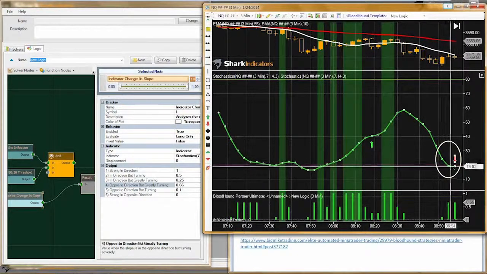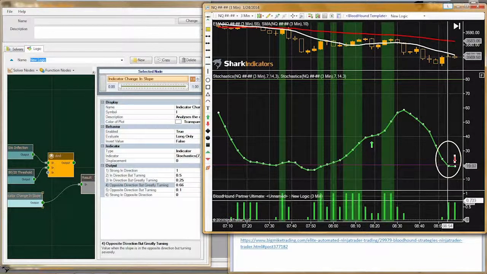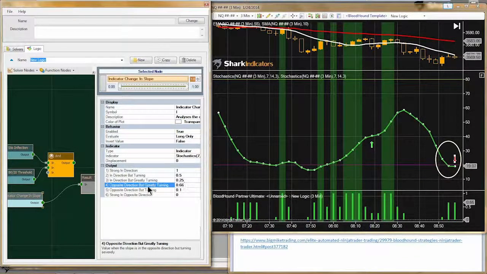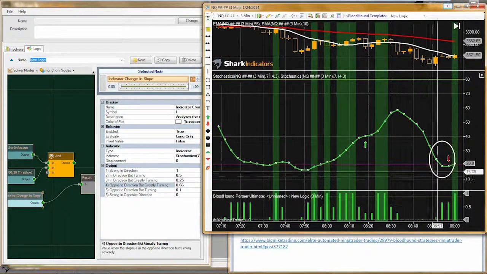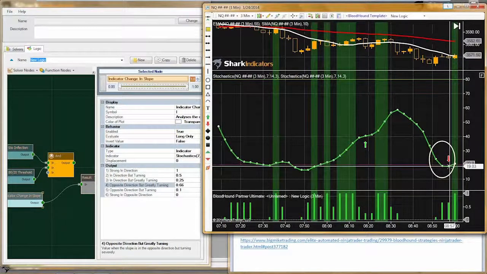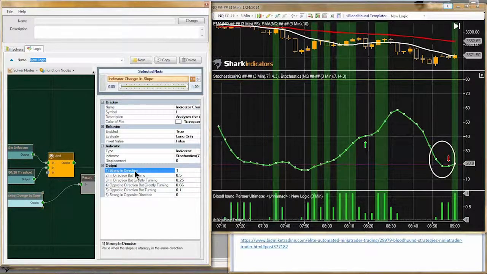That is technically still sloping down. It looks flat, but it's still technically sloping down. And so therefore, we're still in this opposite direction but greatly turning area until finally the stochastic actually starts sloping up, and then we switch over to the strong in direction.